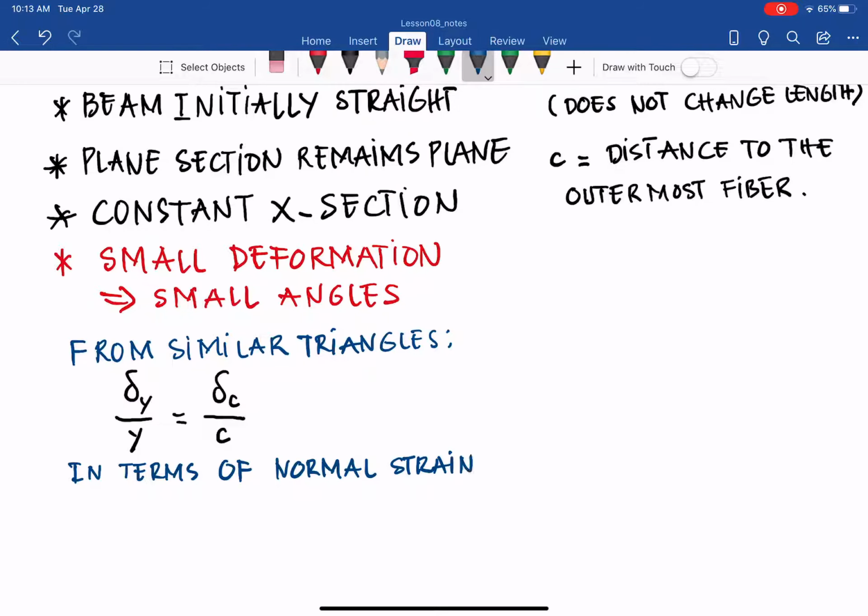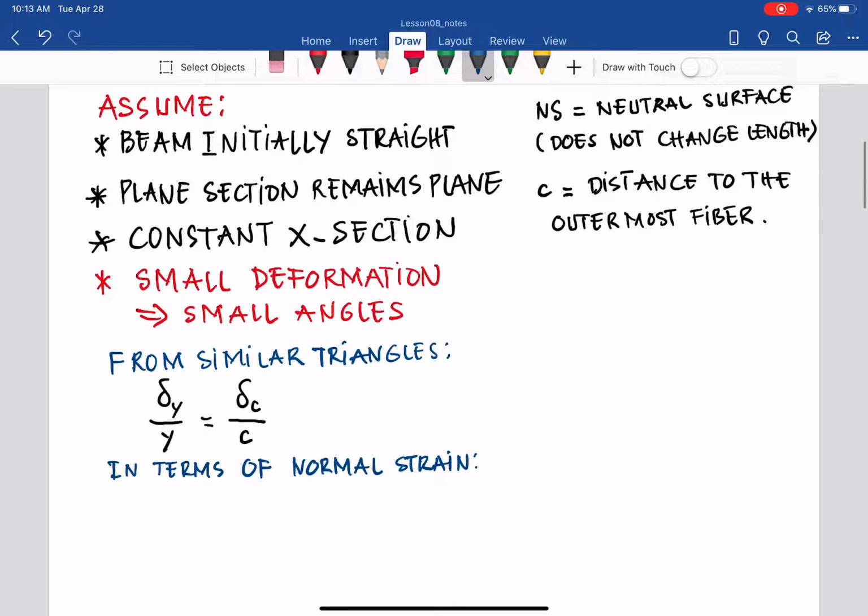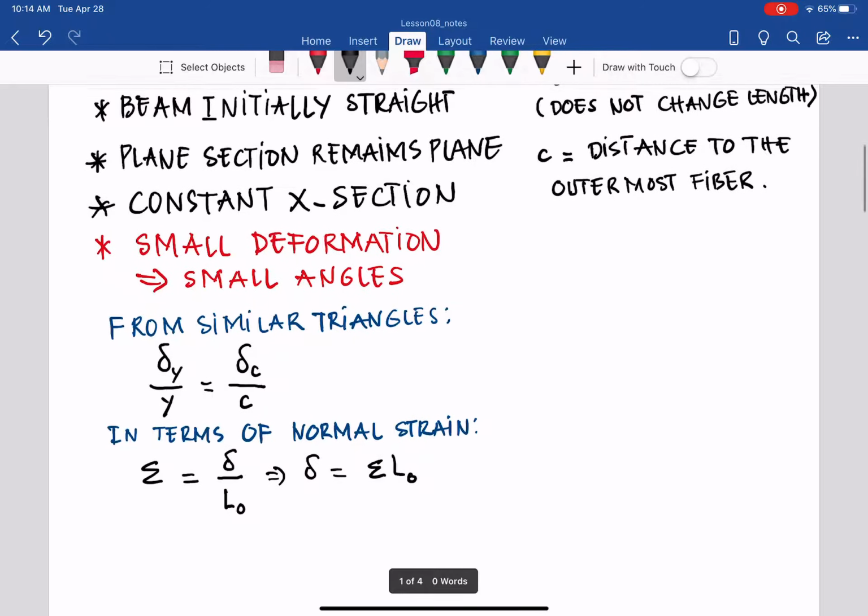Everyone recall what normal strain is? It is created due to the normal stress, so it is epsilon. And epsilon, if you recall, equals the deformation divided by L naught, the original length. So from that, the deformation equals epsilon L naught. So nothing new in there.